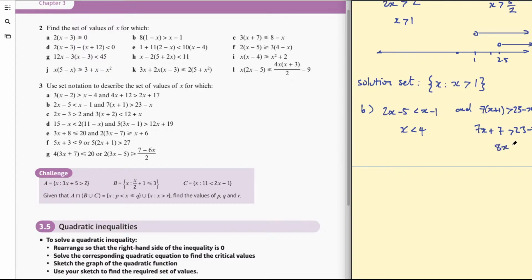And then 8x greater than 30, and then x greater than 30 on 8, 15 on 4, which is just less than 4. So 3 and 3/4.